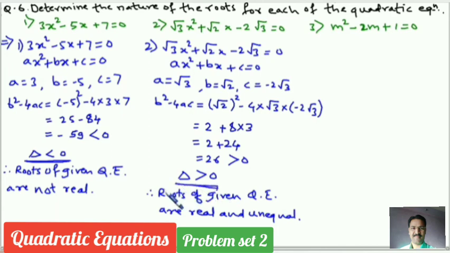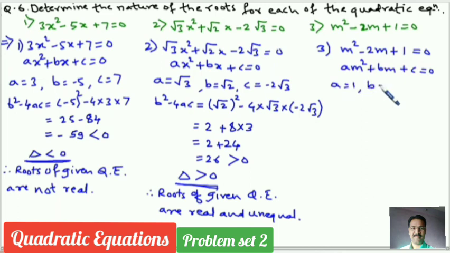Now what about the third one? Look here, very simple. m square minus 2m plus 1 is equal to 0. Now the standard form is what? a m square plus b m plus c equal to 0. By comparing, a equal to 1, b equal to minus 2 and c equal to 1.